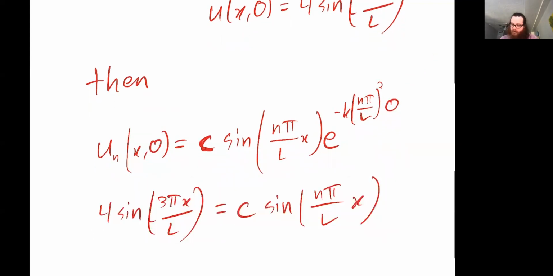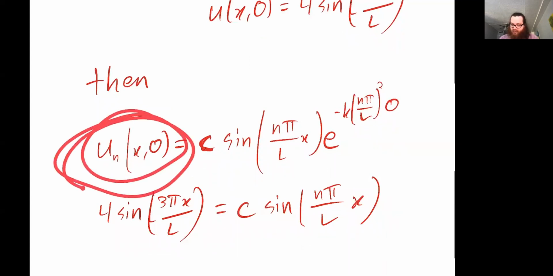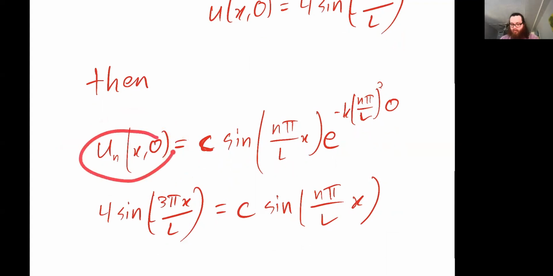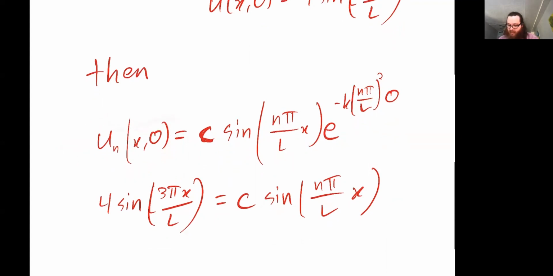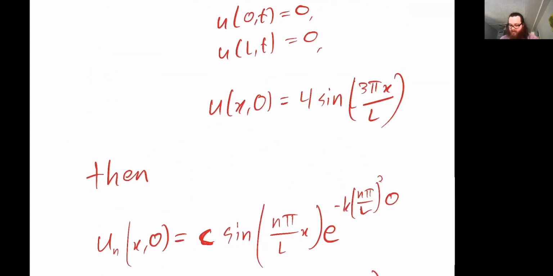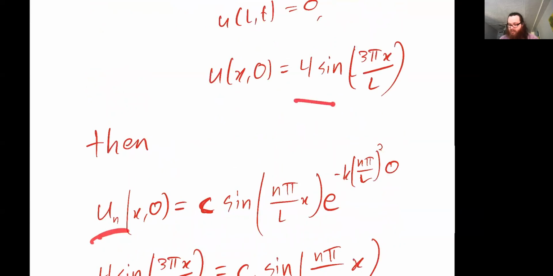Okay. But this profile right here, we're told what this initial condition is, so we're told what this function should be at time 0. And so what we're trying to do here is maybe just match one of these building blocks to the initial condition, especially because the initial condition takes a special form.